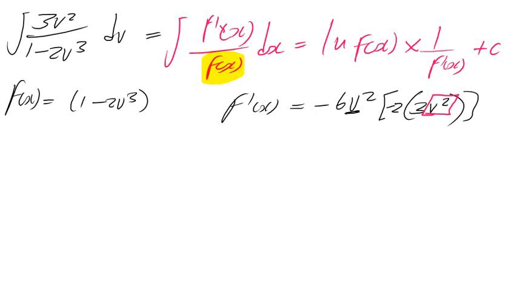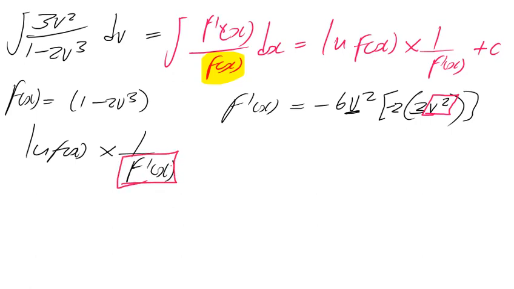So we're going to go back to the equation. Since you have confirmed that it's using this formula, let me show you something. I know that my answer is ln f of x, but you have to multiply it by 1 over the new f prime that you got. This f prime is always that one right there. So you take the f prime from the original equation, because they must cancel.